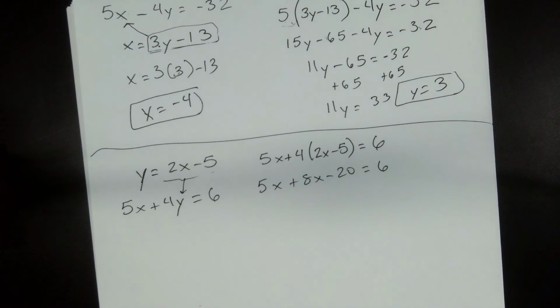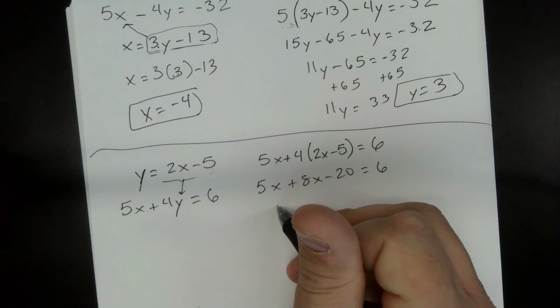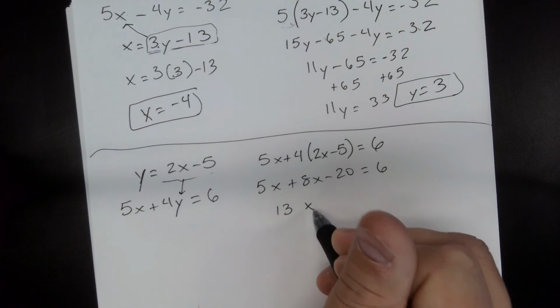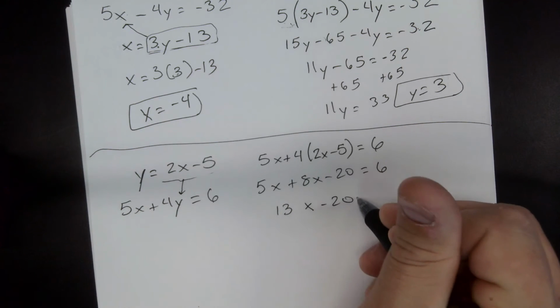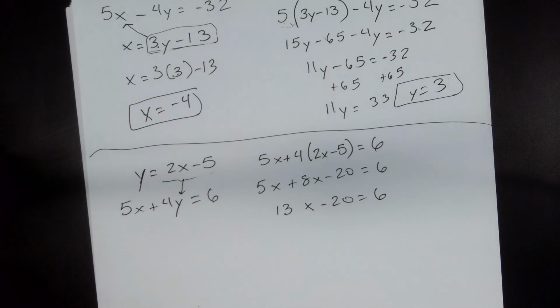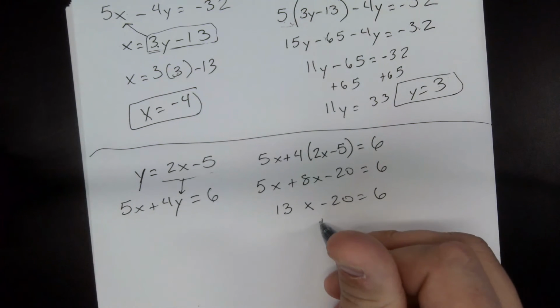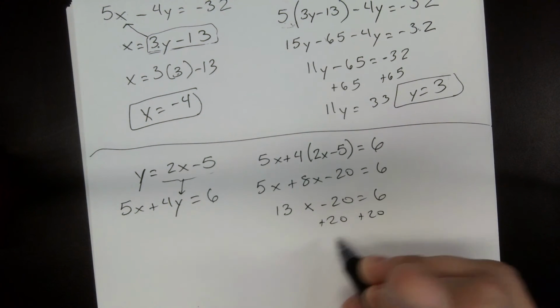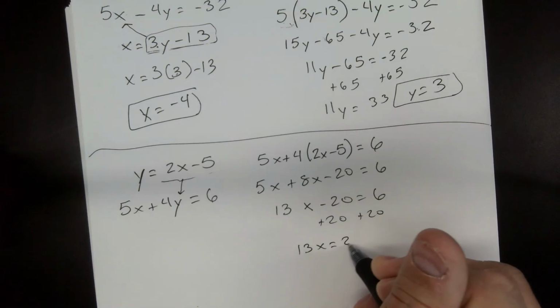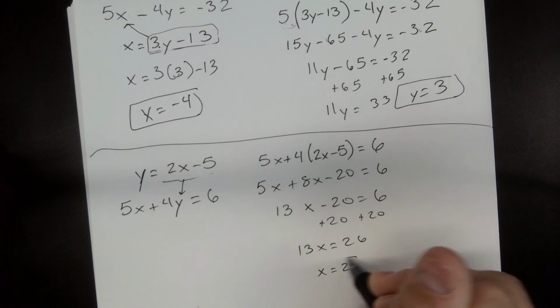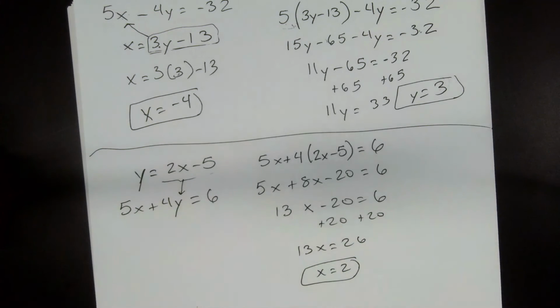Okay. Who can raise their hand and tell me what to do next? Braxton? 5x and 8x. Good. And then we go through and we can just solve the rest of this equation. So 13x equals 26, or x equals 2.